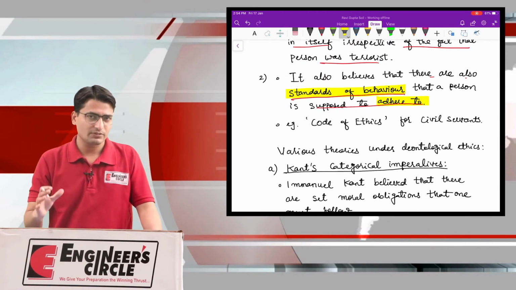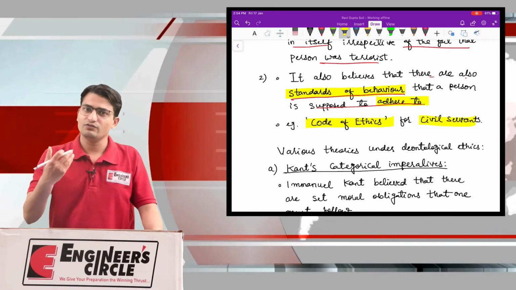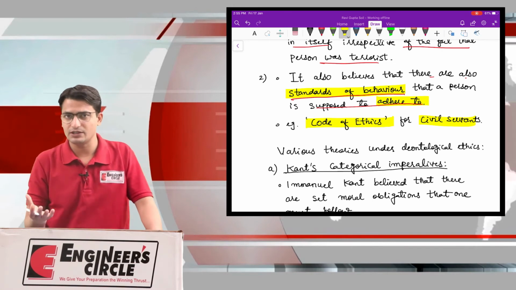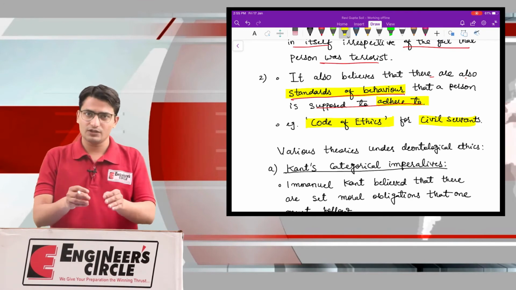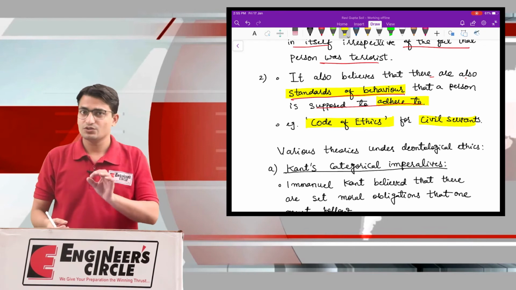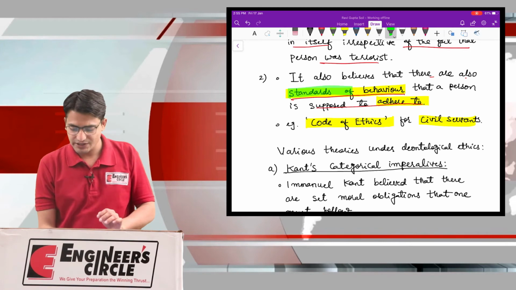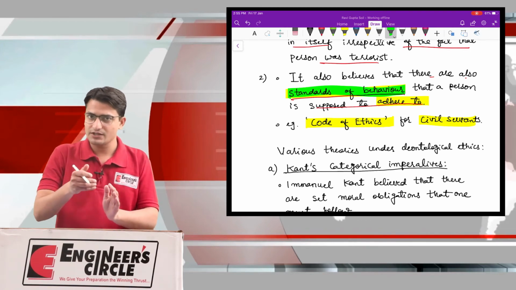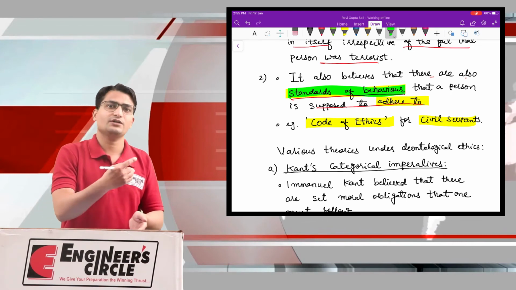The most common example is the code of ethics for civil servants. When you clear your UPSC examination, you will become a civil servant, in the railway department, and so on. So you must adhere to the code of ethics. You will have to follow the rules given in that code. So you are setting yourself with these standards of behavior, and the actions given in that code of ethics must have positive inherent qualities.